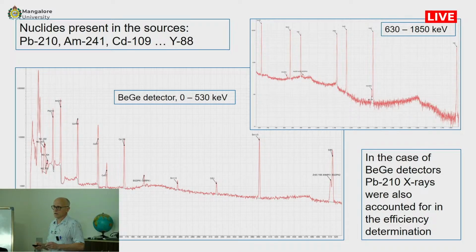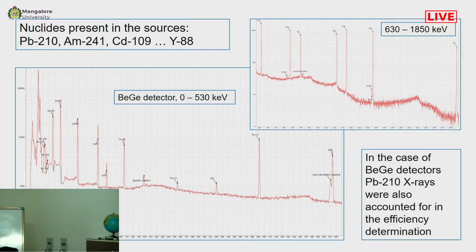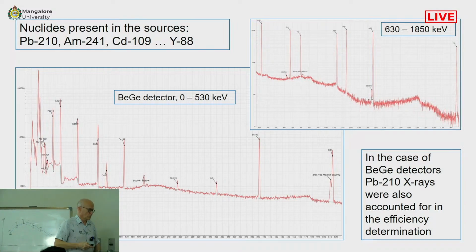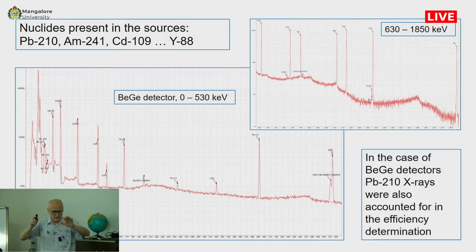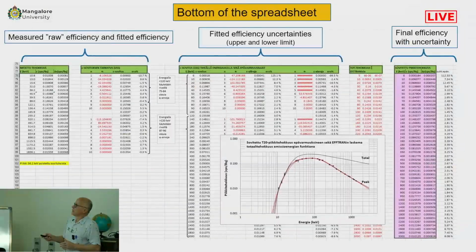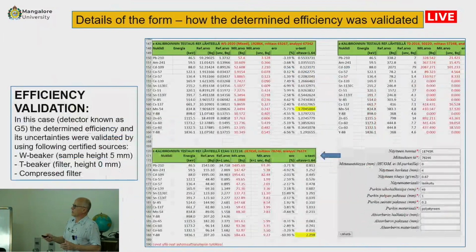It summarizes all the counts. So it's an integral. I don't explain it here because it's quite a complicated issue with this coincidence correction. We have no time for that.